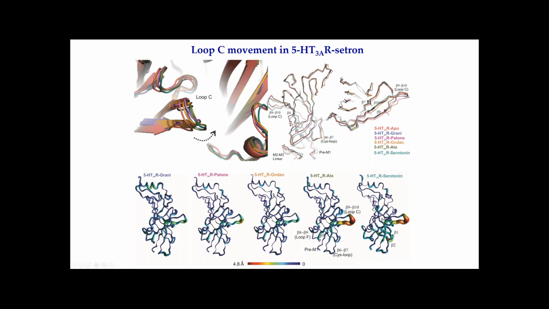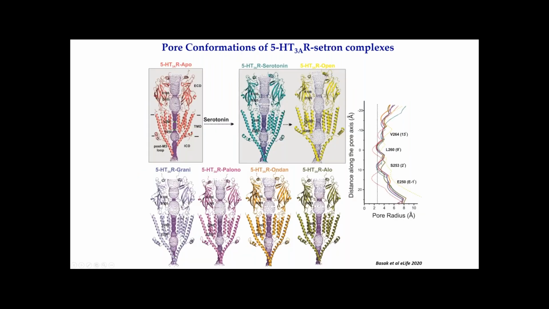Even though these are all partly activated, it appears, from the structural changes, all of the cetron-bound conformations at the level of the pore are non-conducting, so likely stabilizing certain pre-activated states along the activation pathway. So this is another way of thinking about competitive antagonists: they do not necessarily evoke structural changes that oppose serotonin. It could be similar, except that these might be intermediate non-conducting states that they stabilize along the way.